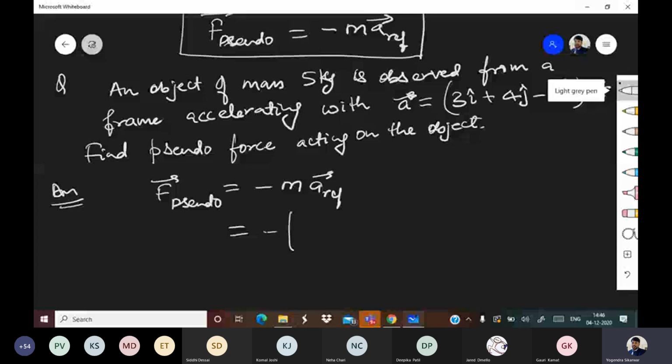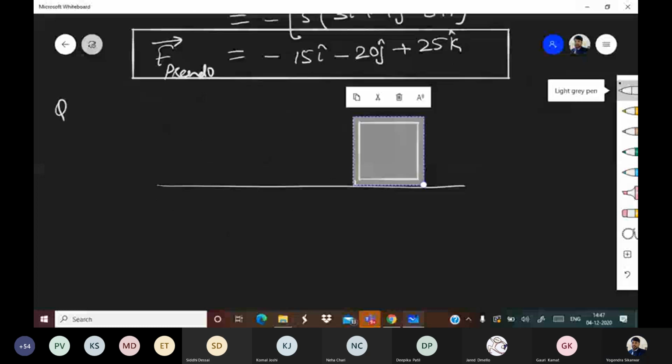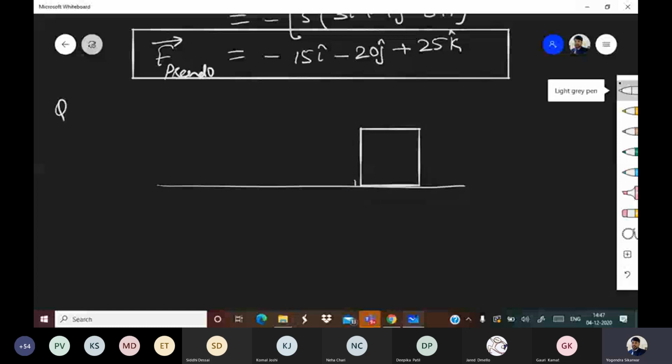Question. So this is a block of mass, let's say 10 kg. A force is acting on it and the value of force is 50 Newton. Now there are two persons. One person is A and that person is at rest.